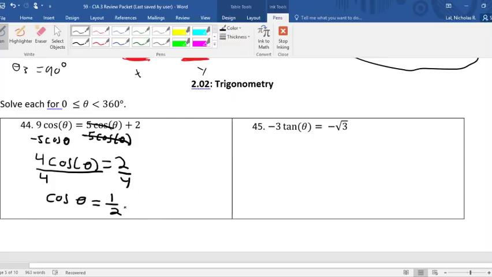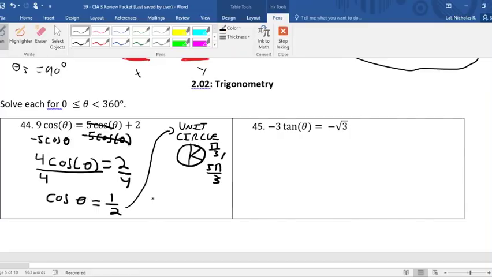Well, from the unit circle, cosine of theta is going to be equal to 1/2 at pi over 3 and also at 2 pi minus pi over 3, so 5 pi over 3.